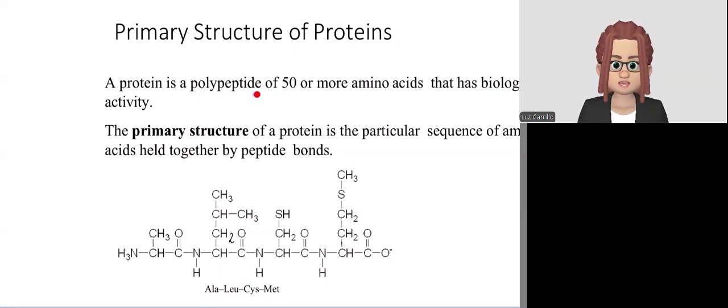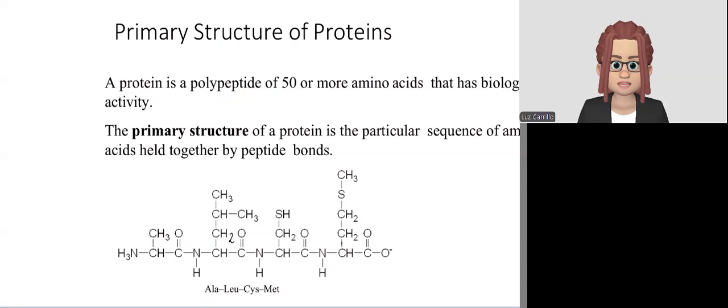That's why it's also known as a polypeptide that has 50 or more amino acids and has biological activity. And as I just mentioned, the primary structure of a protein is the sequence of amino acids that the protein has.